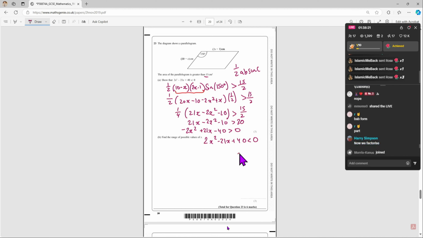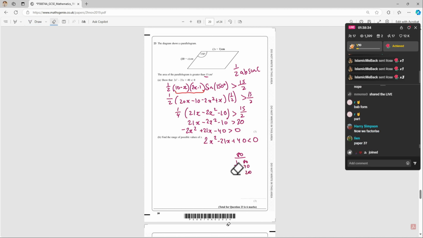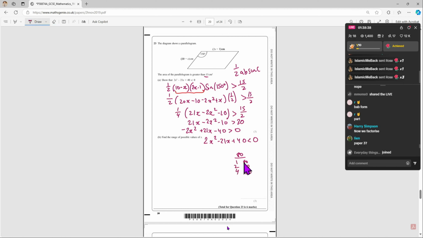You will get 80. Then we're going to use 1 and 80, 2 and 40, 3 and 20, no, not 3 and 20, it's going to be 4 and 20, and 5 and 16.